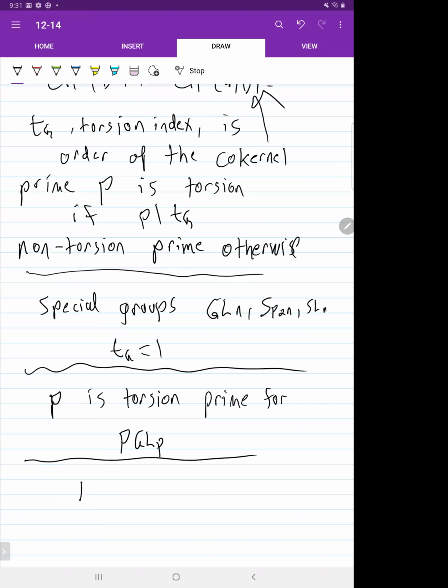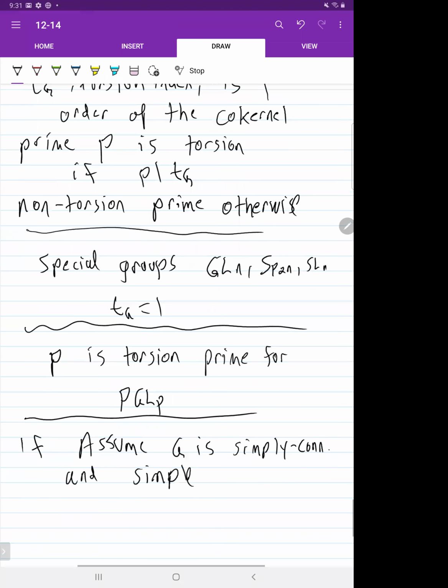But if you assume that G is simply connected and simple, then the only possible torsion primes are 2, 3, and 5.